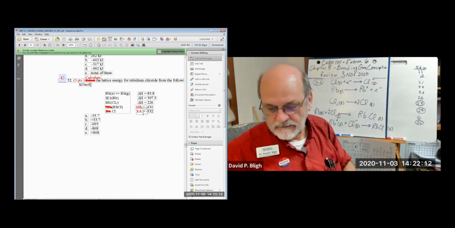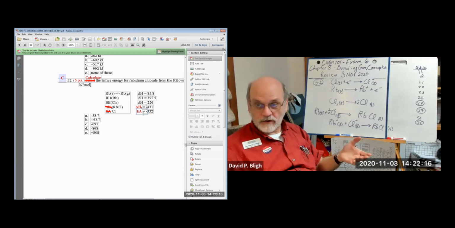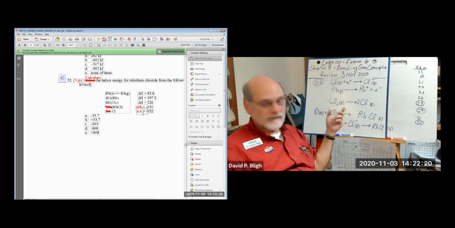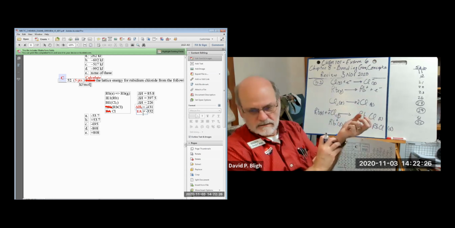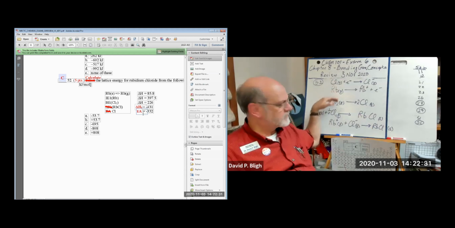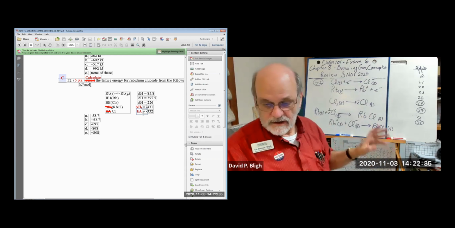And that explanation is given in the worked out problems, right? So I'm not going to spend time doing it here because it's there in that document. But I did want to call your attention to these different values that have to be arranged in the correct order.